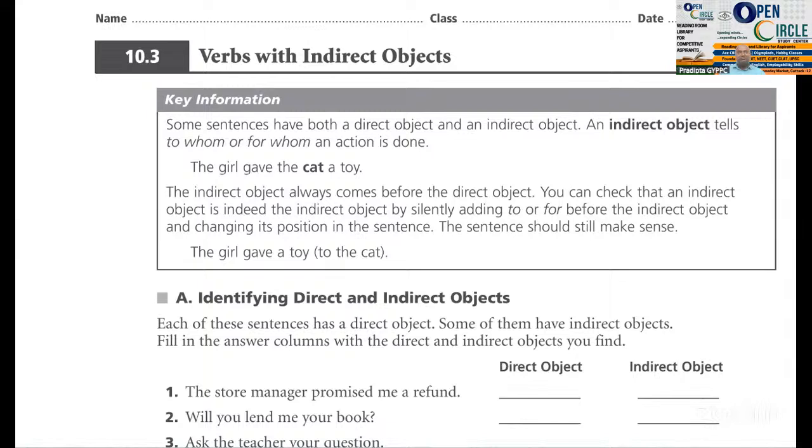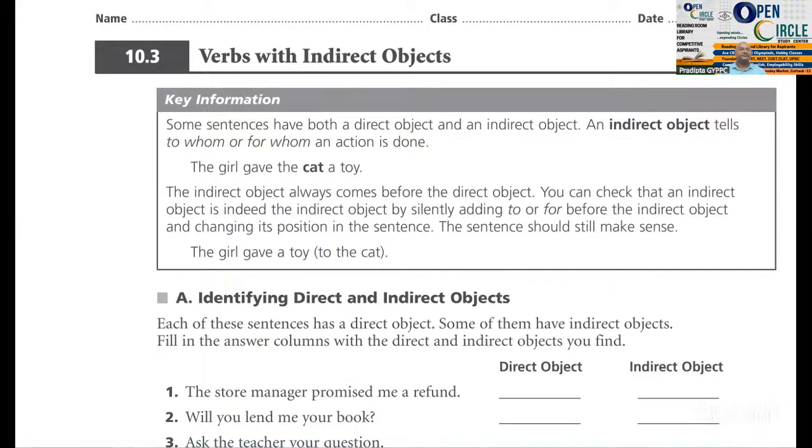How to identify what is a direct object and what is an indirect object? Direct objects are the non-living things, and indirect objects are the living ones. So, the girl gave the cat a toy.